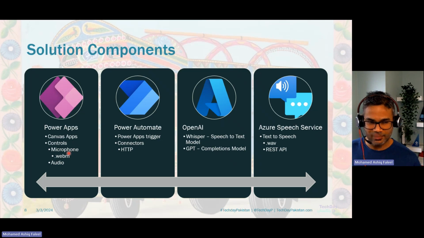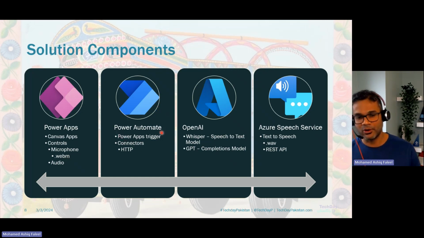If you access the app on an Android phone, the format is going to be different, the 3GP format. If you access the app on an iPhone, it's going to be in a different format. Then we have the audio control, which is responsible for playing back the content generated from the Azure text to speech service.